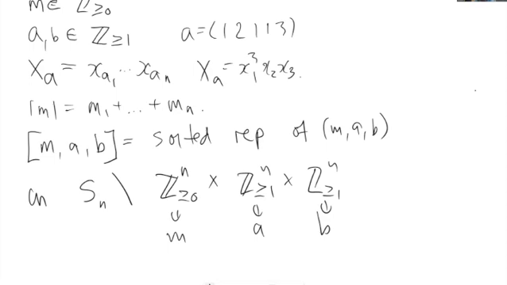Now I have an action of the symmetric group Sn on that product just by acting diagonally, in other words, simultaneously exchanging the corresponding elements of M, A, and B. And what this square bracket thing indicates is that first of all, the sum is over just representatives of that left coset, and I'm always representing that coset by a triple which is sorted in the following order.